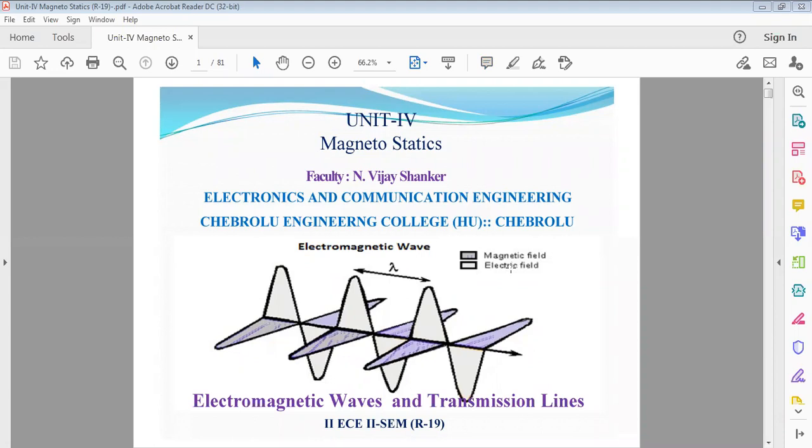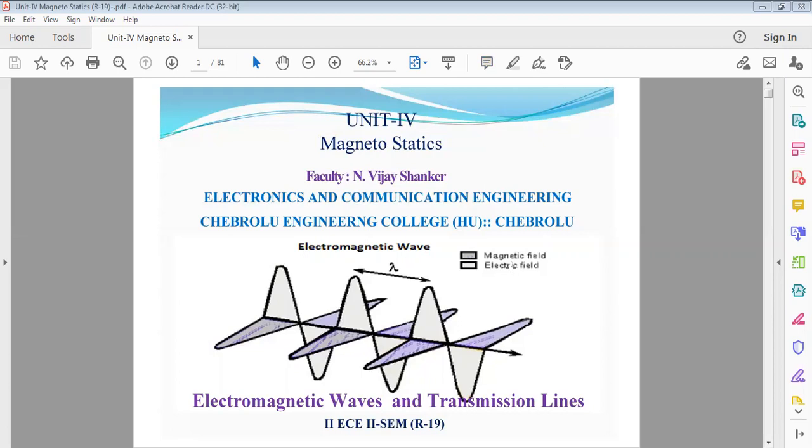Today, I am going to discuss another Maxwell's equation, that is the modified Ampere's circuital law. In Maxwell's equations, the first law is del dot D bar is equal to rho v, the Gauss law of electrostatics for the electric field.